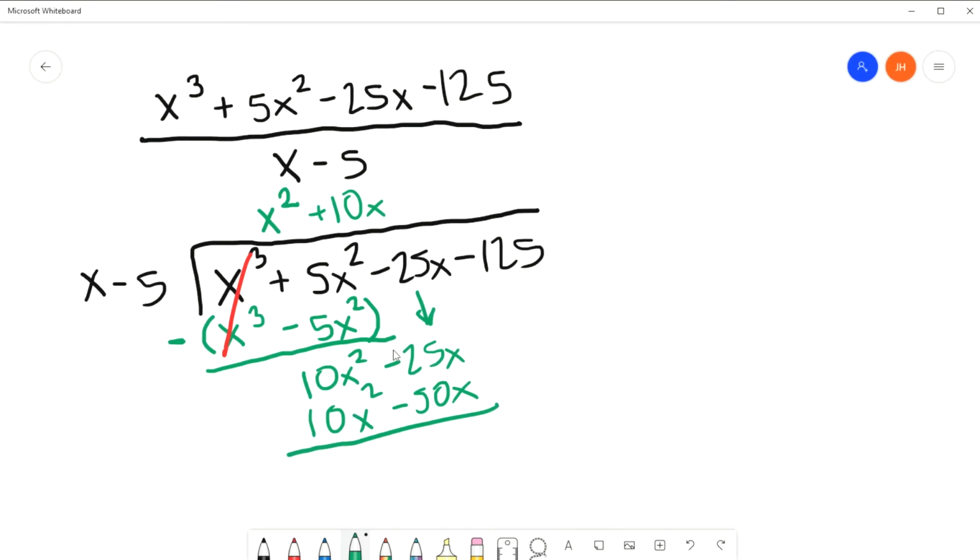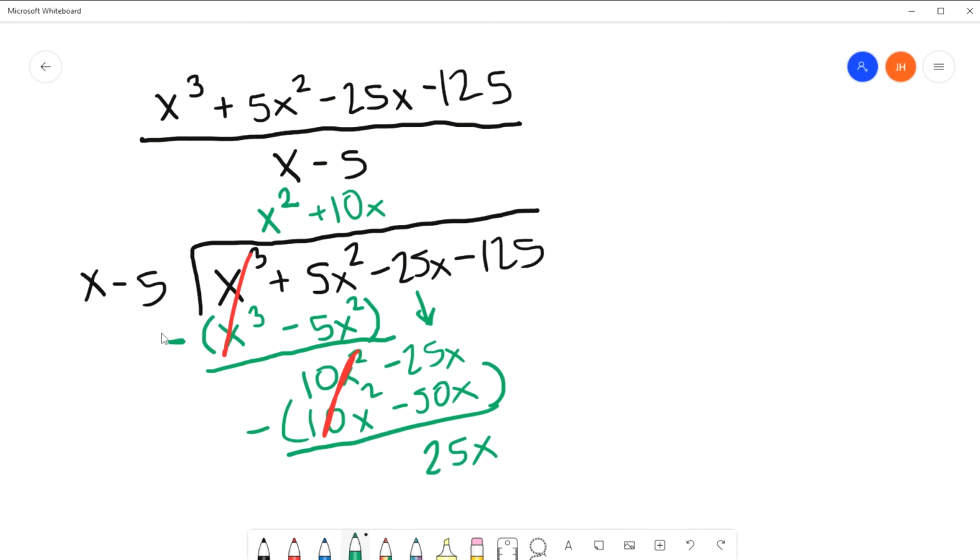And I need to subtract this. So 10x squared minus 10x squared cancels out. Negative 25 minus negative 50 is going to be plus 50, so negative 25 plus 50 is positive 25x.